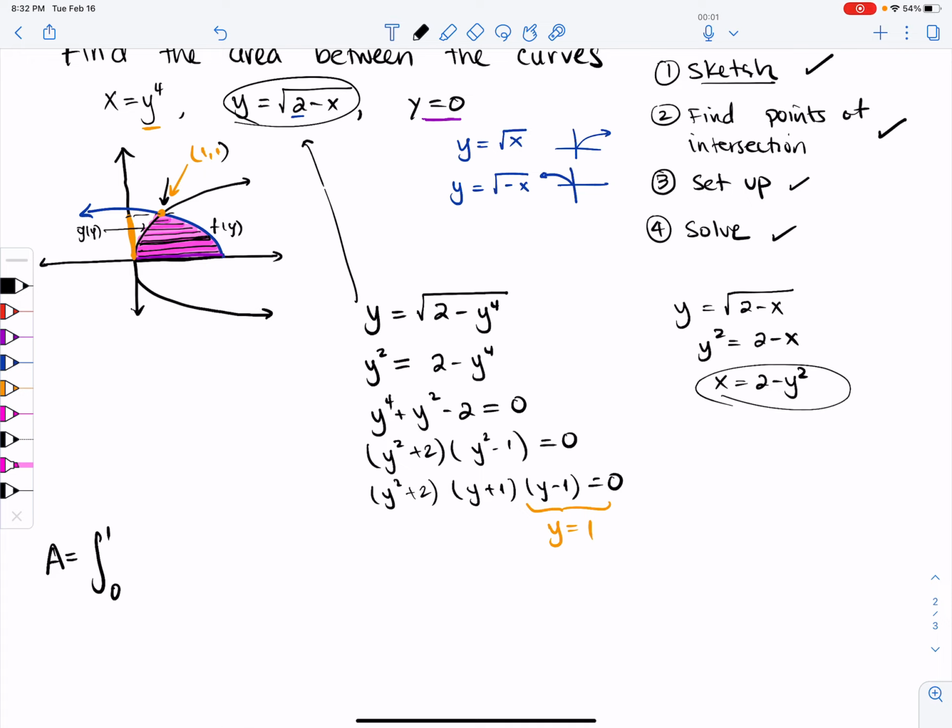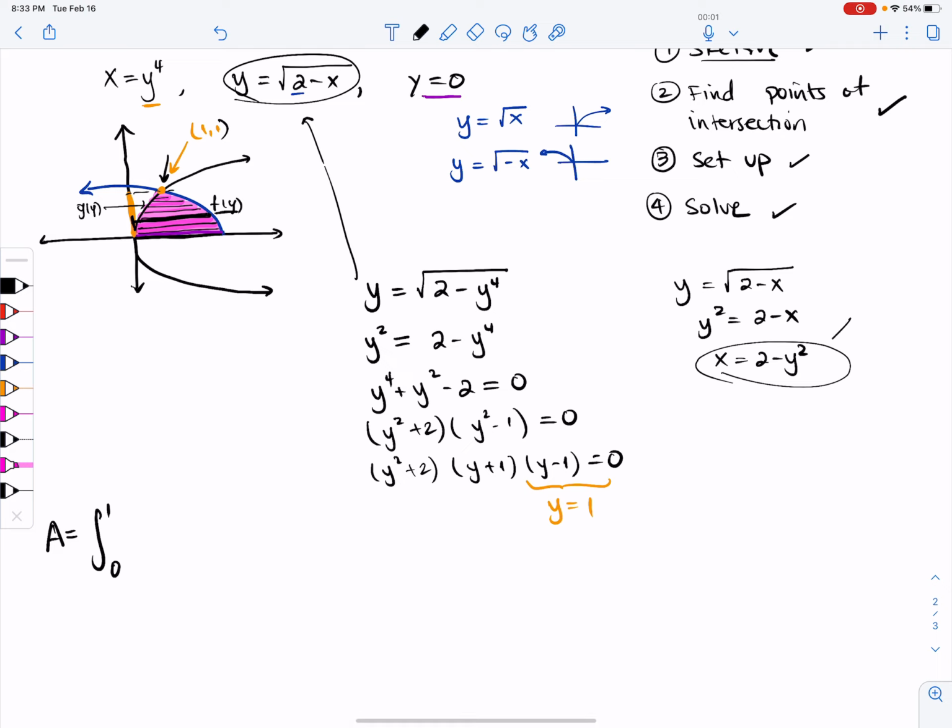You can also think about it as the distance from here to here is x, and that particular x is your curve. That curve will be 2 minus y squared. So we have 2 minus y squared minus g of y.